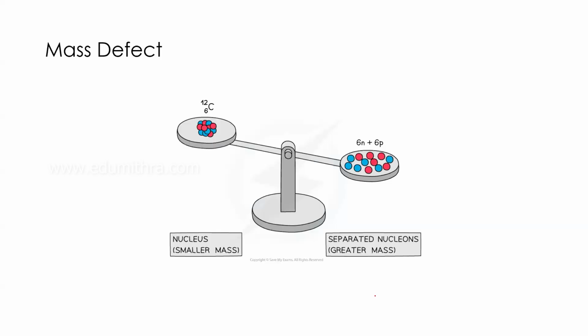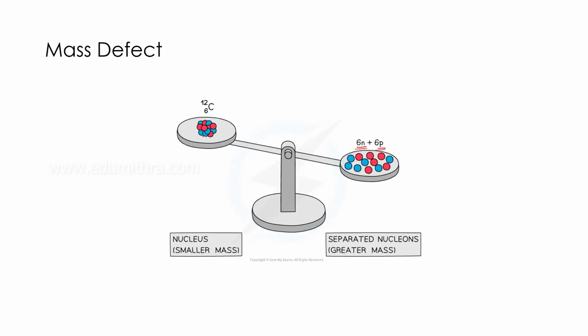Now let's take the carbon again. The carbon consists of 6 neutrons and 6 protons, and the carbon nucleus is these 6 neutrons and protons held together.